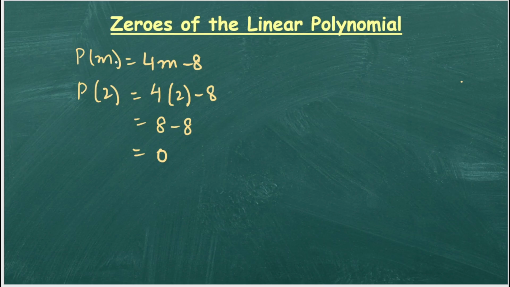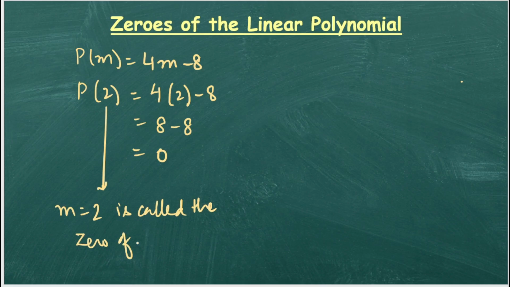So when m is equal to 2, the value of this polynomial is coming out to be equal to 0. So this 2 is called the zero of the polynomial p(m).